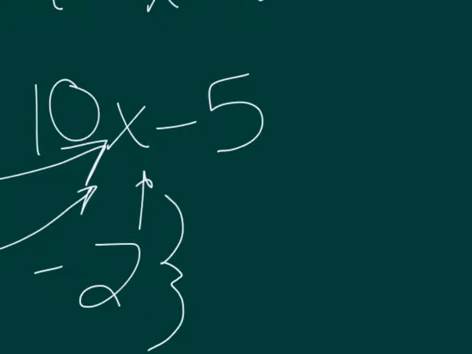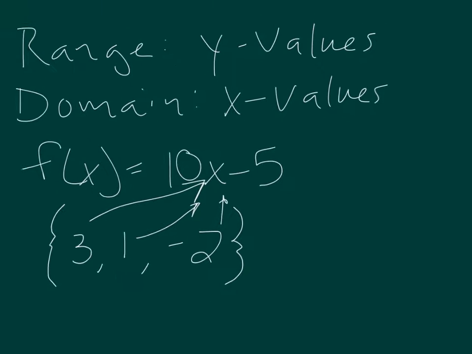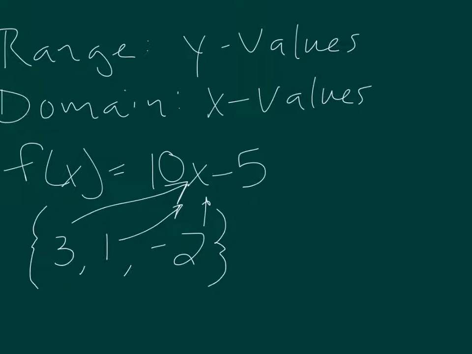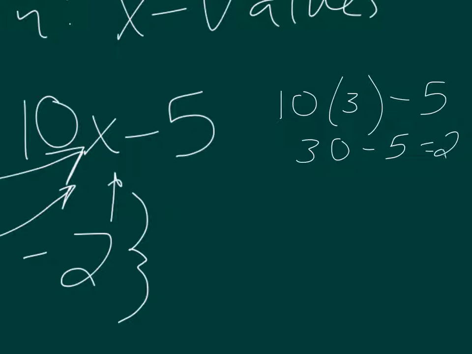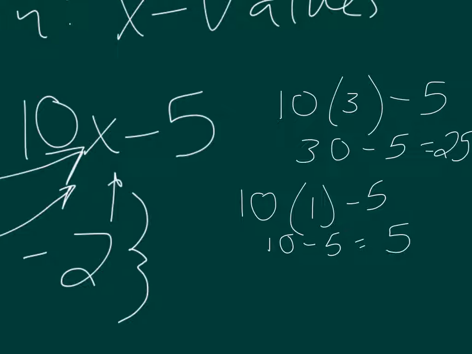So let's solve this equation. I'm going to plug in my x values one at a time. I have 3, 1, and -2. Start with 3. Solve for this, and I get 25. Try 1. I get 5. And let's try -2.